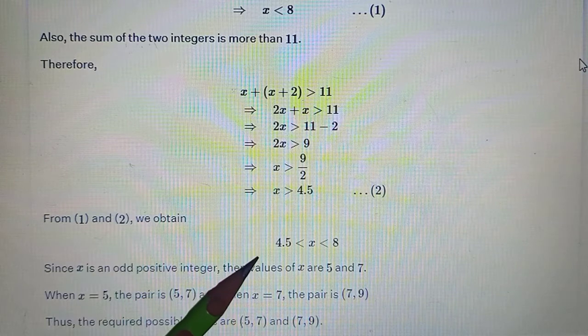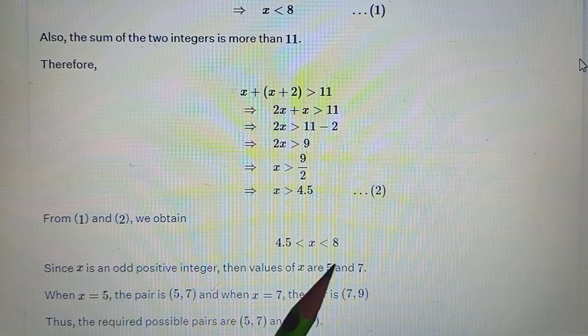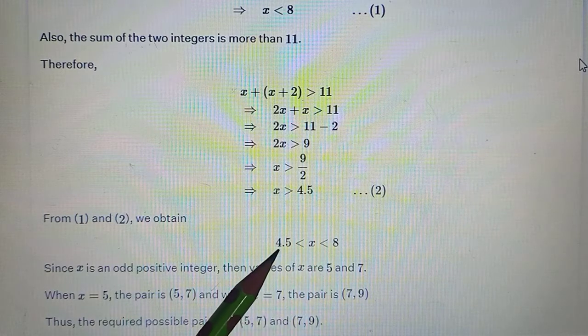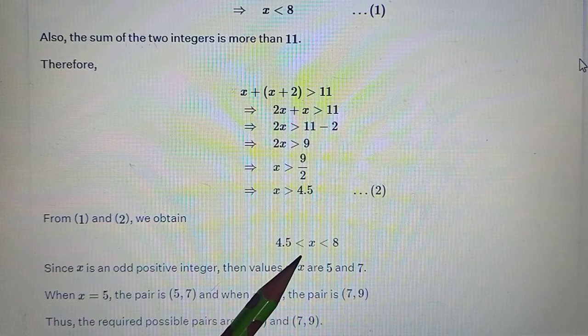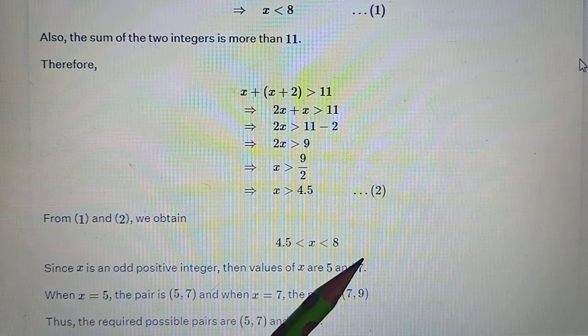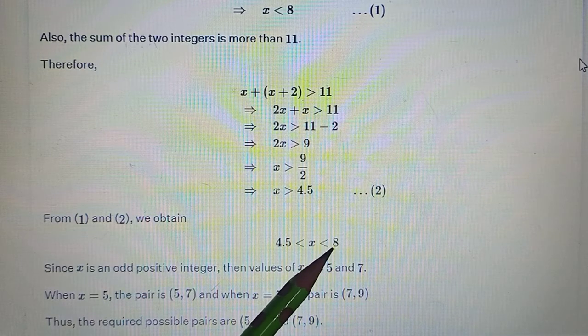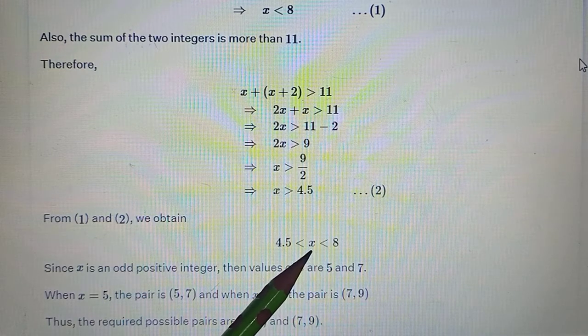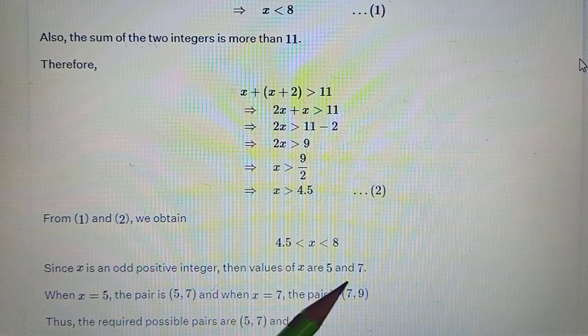We had already applied that condition earlier. Okay, so now we were talking about odd integers. So odd integers in this range. After 4.5, which is the first odd number you get? 5. Then the next 7. Then the next 9, but that will go beyond this. Okay, so what solutions for x will come out from here? Only 5 and 7.